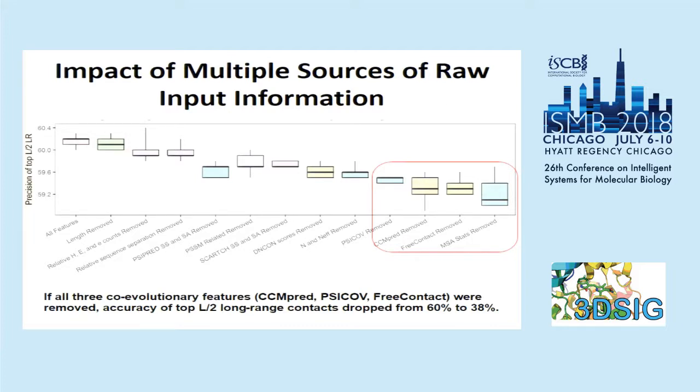But the feature that causes the most loss of accuracy is the co-evolutionary features calculated from the multiple sequence alignment. If I remove all the co-evolution features, accuracy drops from 60% to 38%. That means this feature is crucially important for this convolution network prediction.